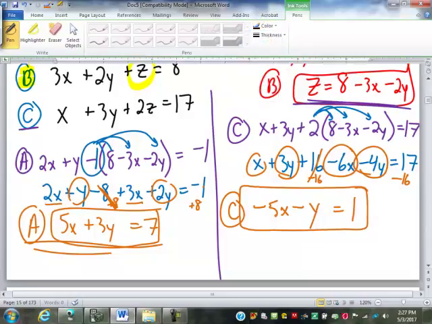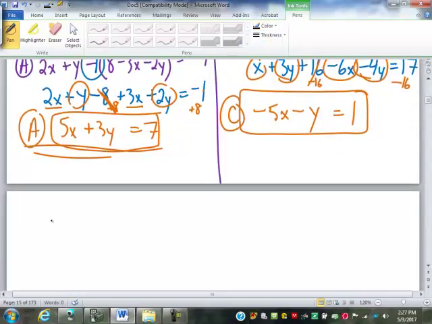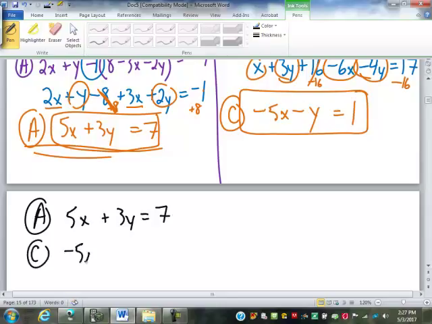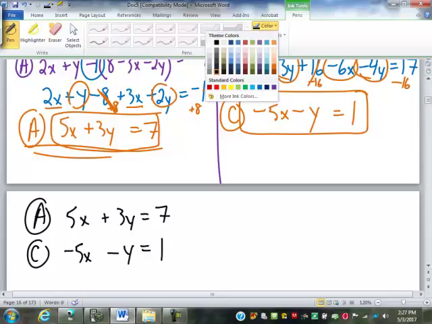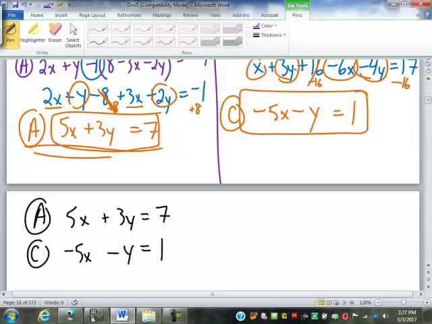So what I'm looking at at this point is solving a system: 5x plus 3y equals 7, and negative 5x minus y equals 1. Now at this point, since we used substitution in that first step to get it down to 2 equations, there's no saying that I have to use substitution again.